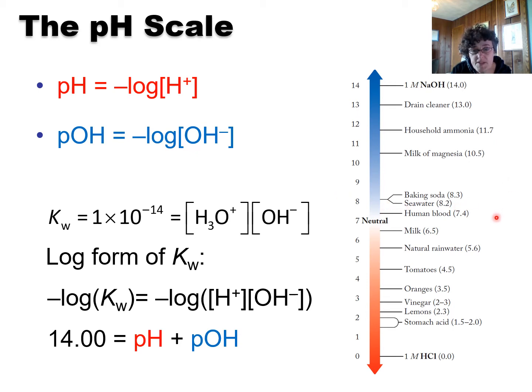And as you can see, the majority of, let's say, bodily fluids and foods tend to be in the acidic range. There isn't really much here that we would have in our pantry that would be basic. Pretty much the only thing is baking soda. Human blood is close to neutrality, but has a slightly basic pH.